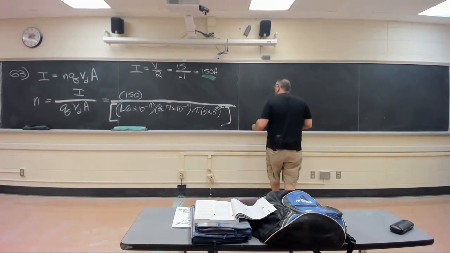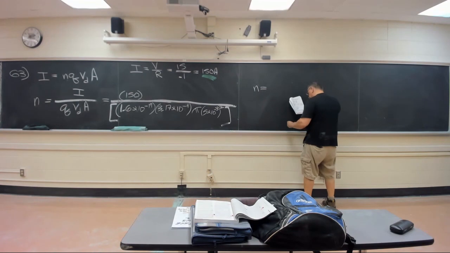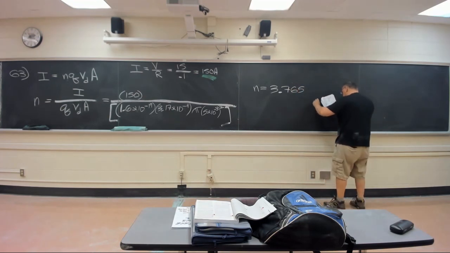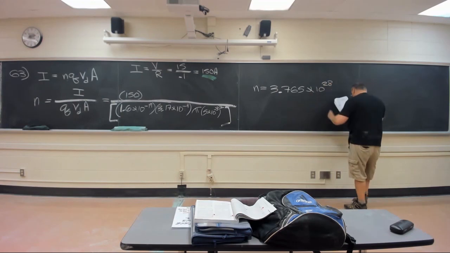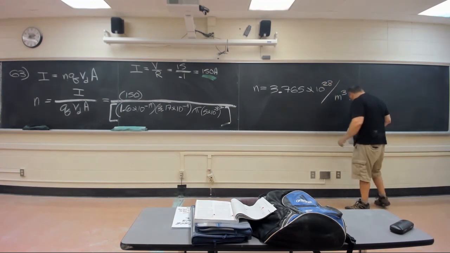That's it. 3.765 times 10 to the 28th charge carriers per cubic meter.